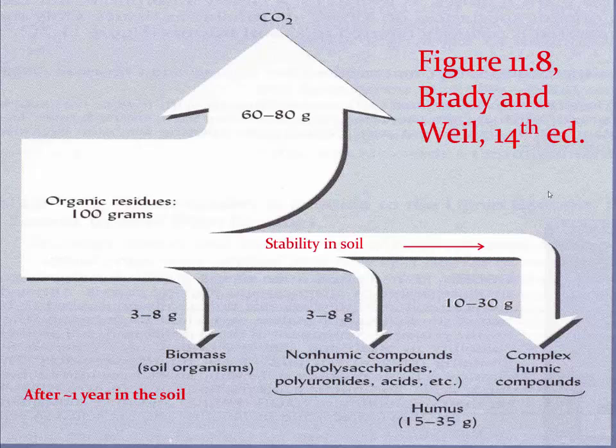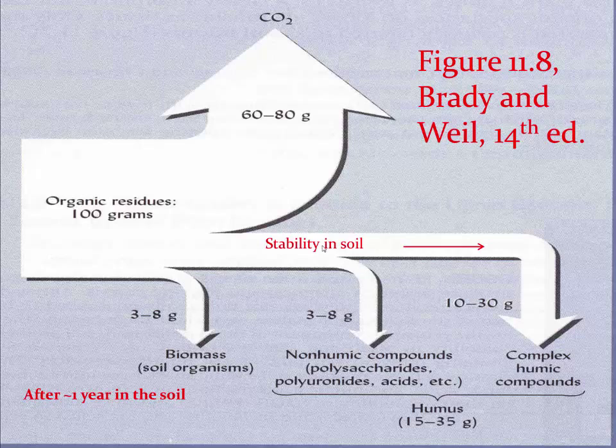Well, here's a graph that shows the fate of organic material. About a year after it's added, 60 to 80% of it is going into the atmosphere as carbon dioxide. Other material is retained in biomass. So about 5% is in living biomass, soil organisms and plant materials, living materials.